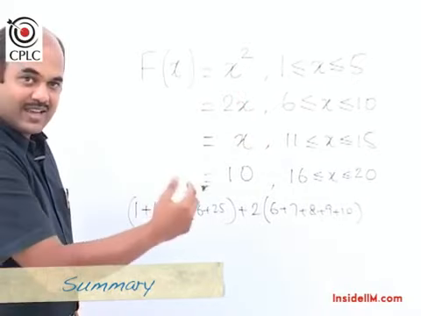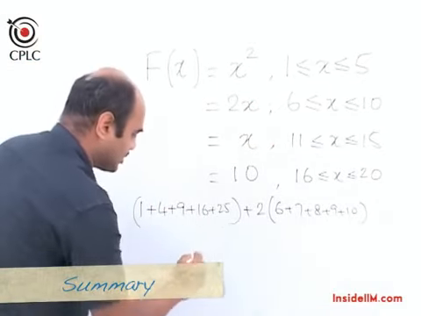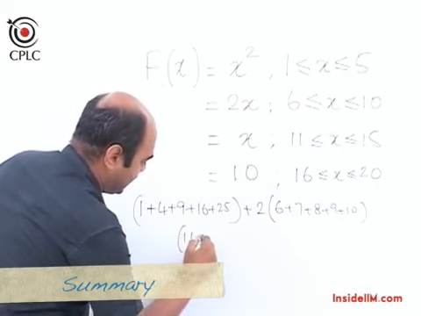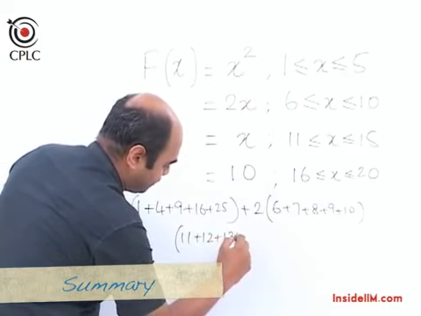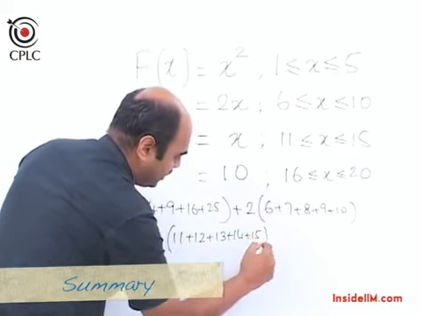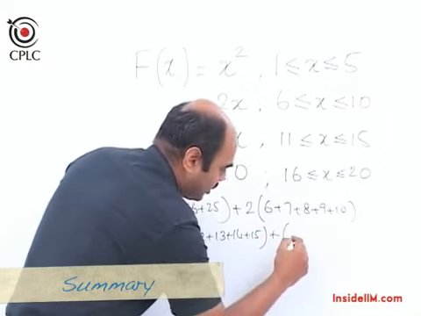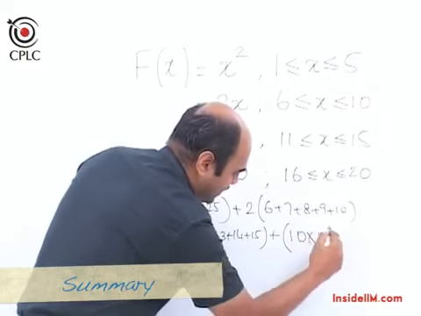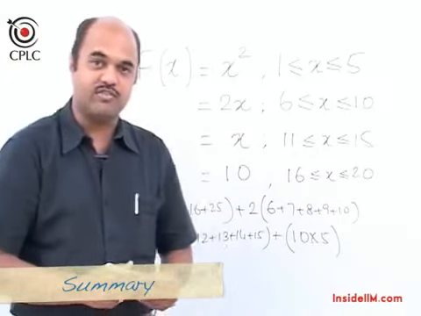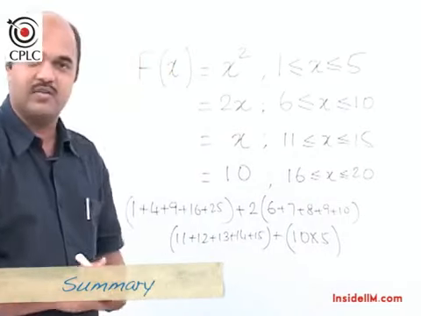And then in the next set of 5 overs, the number of runs scored would be 11 plus 12 plus 13 plus 14 plus 15. And finally, you will have 10 being calculated 5 times. So 50 runs scored in the last 5 overs.